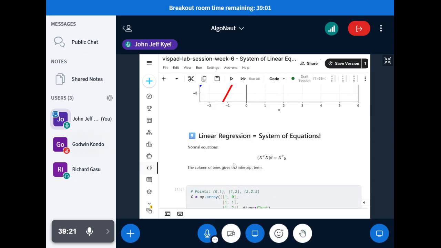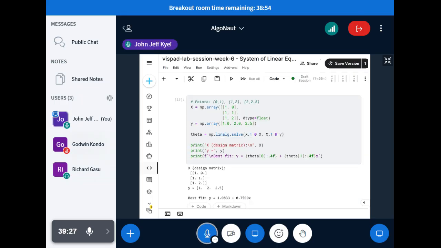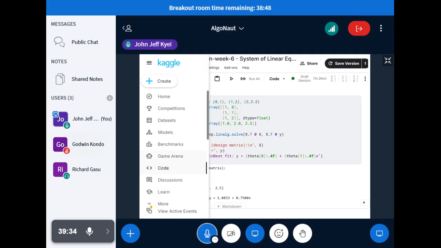So let's start with a normal one. This is the equation that I'll be working with, and these are the points that we are going to plot, and then we'll find the line of best fit through those points, right?